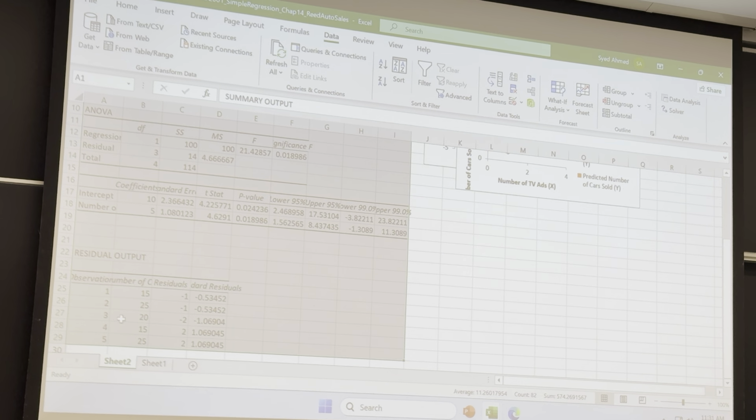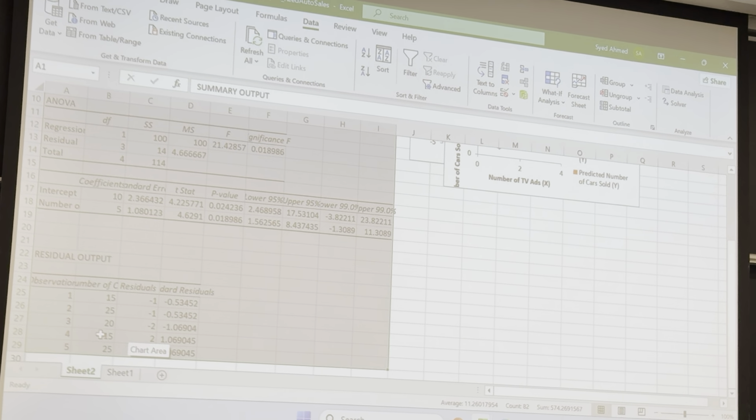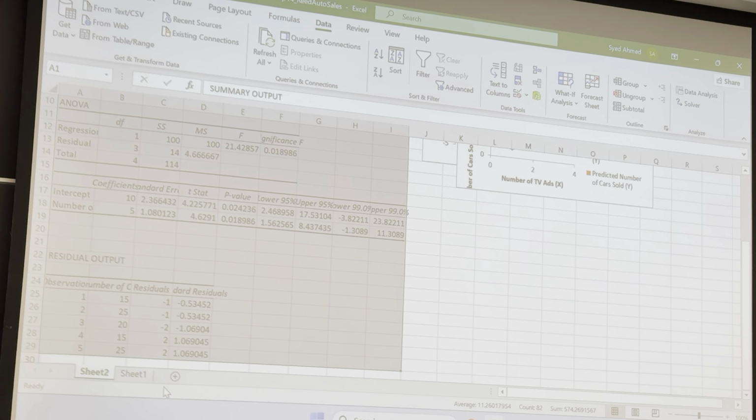So here is a look over here. These are your residuals, y minus y hat. Difference between the actual value and the estimated value. And I did it in the class.